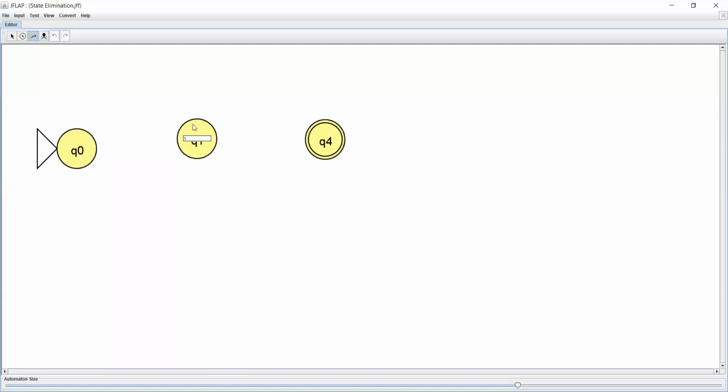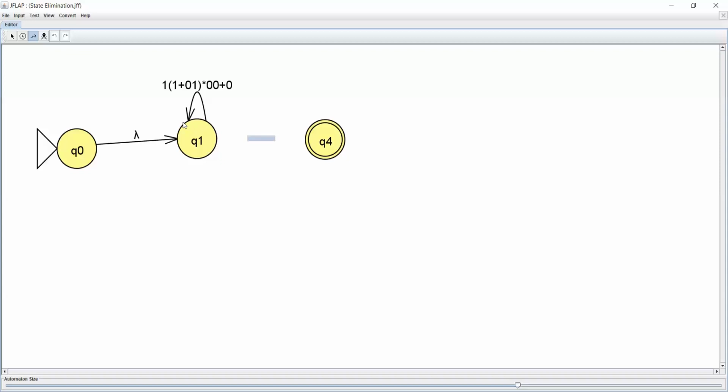So 1 into (1 plus 01)* 00 plus 0. This is what we got. Now we have transitions available, and here also we have transitions available on epsilon.